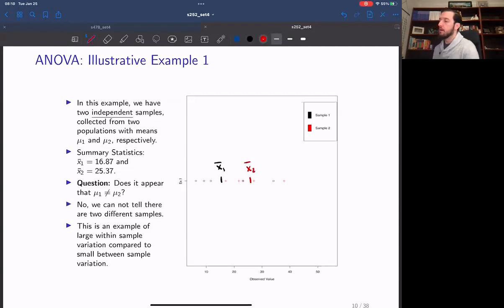Now the question is, does it appear like these 2 samples are different? To answer this question, first off, consider that if we were visualizing this data without the color and without the shape recognition, we would have one pool of information. Even though I've separated them by color to illustrate what we're getting towards, imagine that we have these 10 points on the same line.